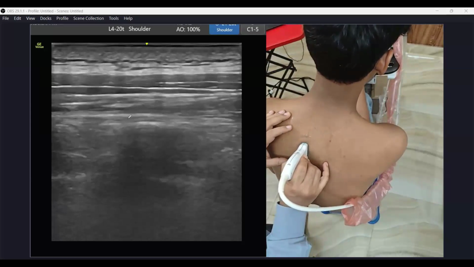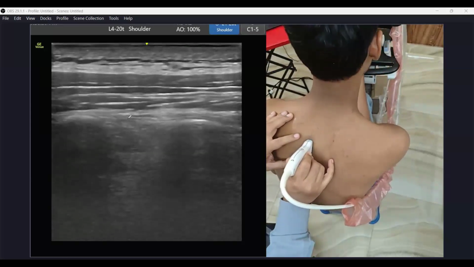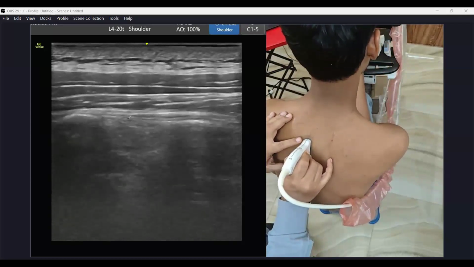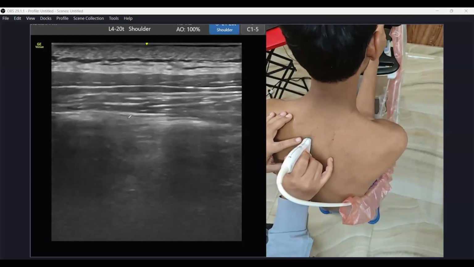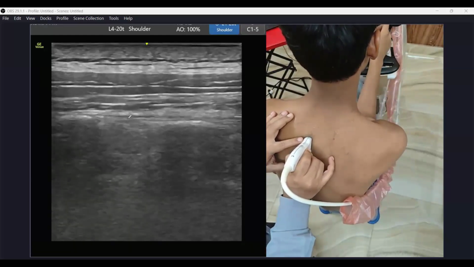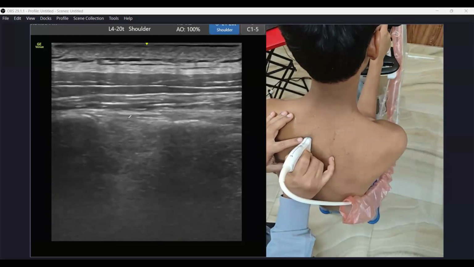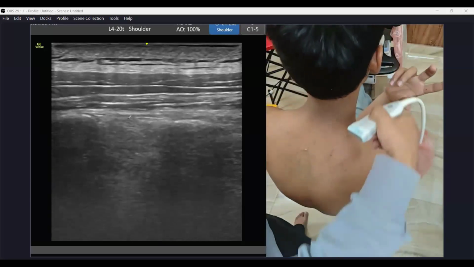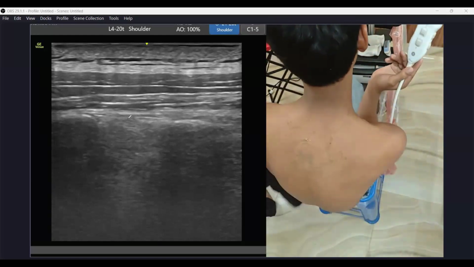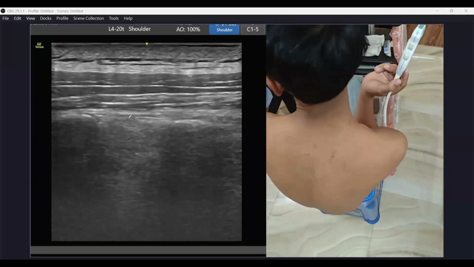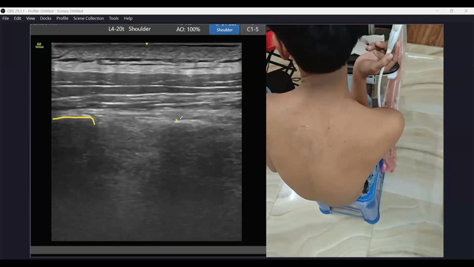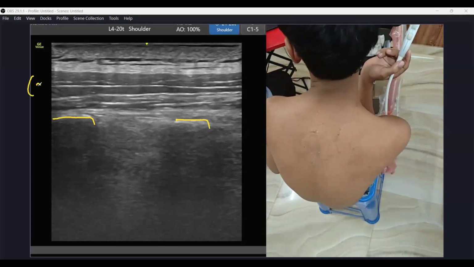I will hold the probe like this. So this is above the transverse process. This is one transverse process and this is another transverse process. This side is cranial, this side is caudal.